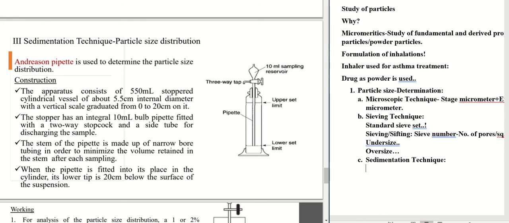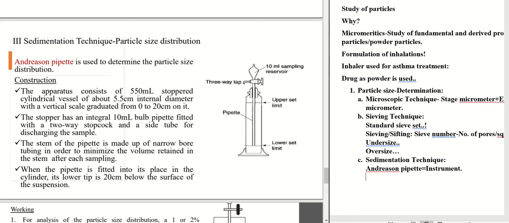Now, in this method, we will be making use of the Anderson pipette as our instrument. Anderson pipette is an instrument used to determine the particle size and size distribution in the sedimentation technique.